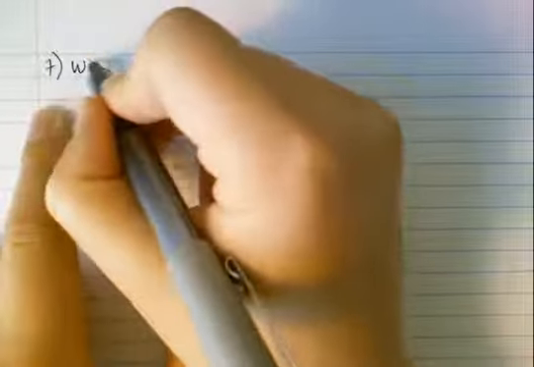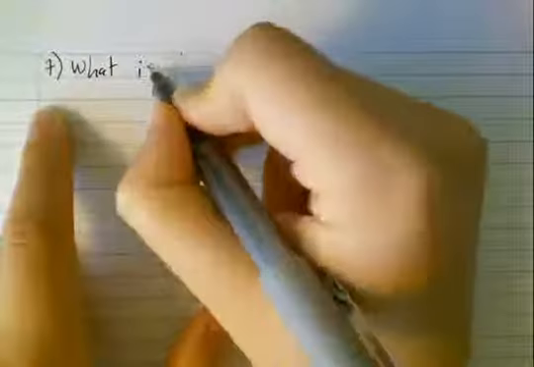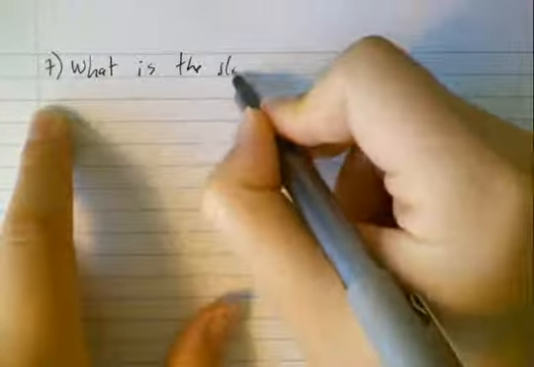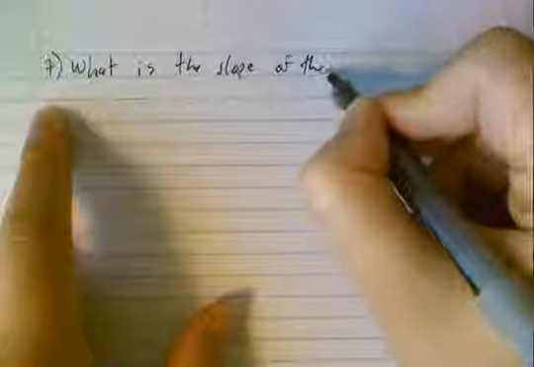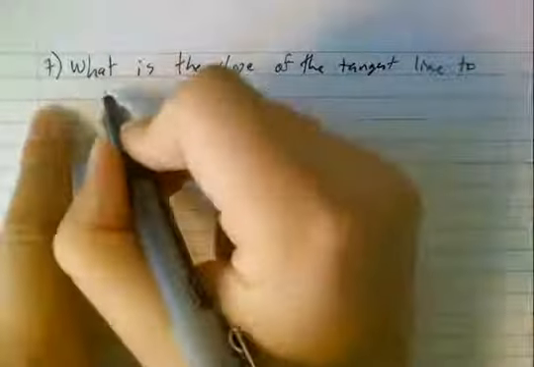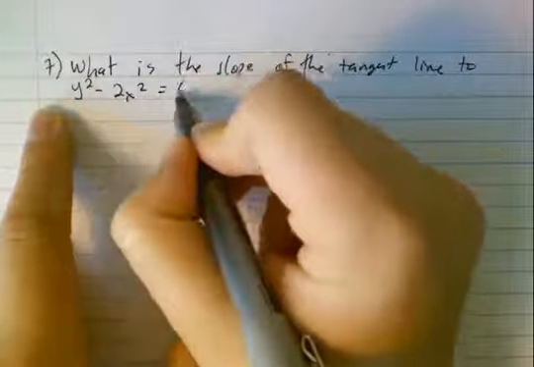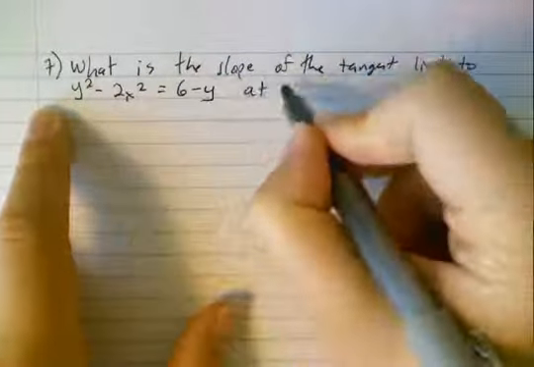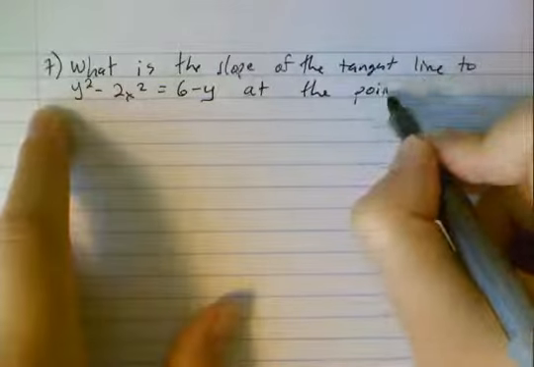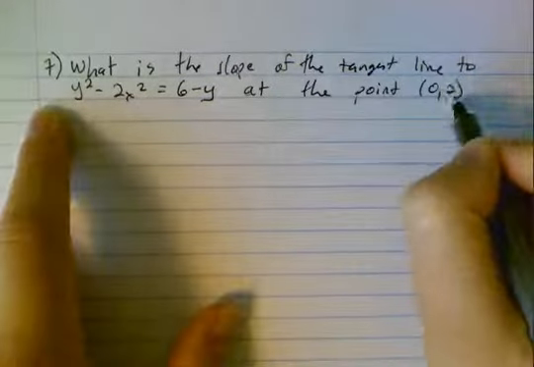This next problem, what is the slope of the tangent line to y squared minus 2x squared equals 6 minus y at the point 0, 2.